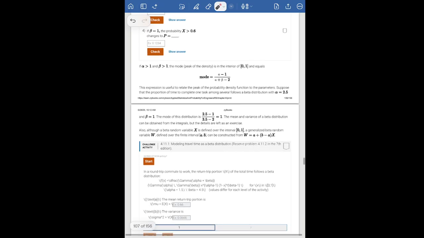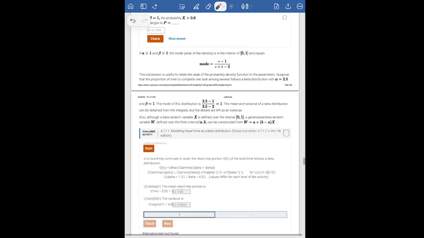All right. Suppose that the proportion of time to complete one task among several follows a beta distribution with this and this as your parameters. Well, the mode of the distribution is 1, based off of this calculation.